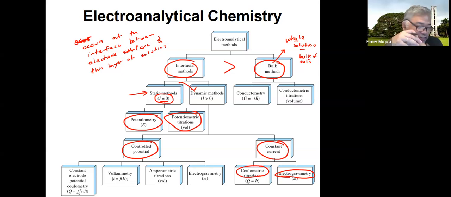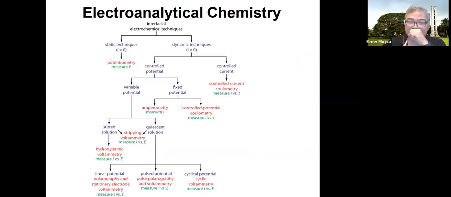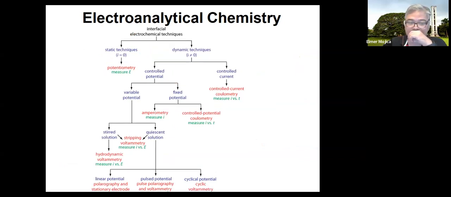And I think we should try to differentiate one method from the other. I don't know if you have an idea how one differs from another. Okay. So we can also look at it in terms of this. If you look at the highlights here, the similarities and differences of a number of the interfacial electrochemical techniques.